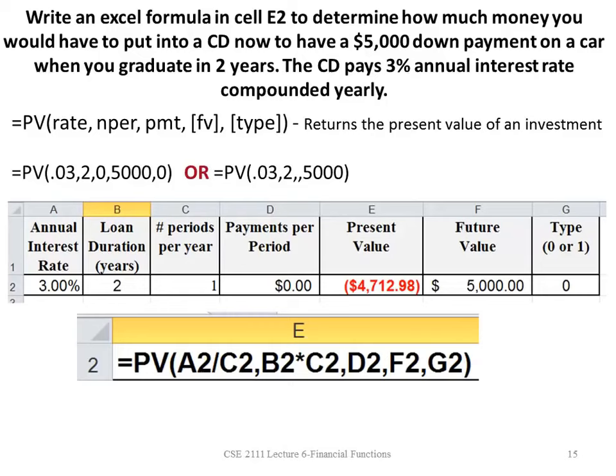Notice I have the other example with the placeholders and the zeros gone. And at the bottom, I have plugged in the values. And now you notice in cell E2 that I have to have $4,712.98 invested in order to get $5,000 in 2 years.